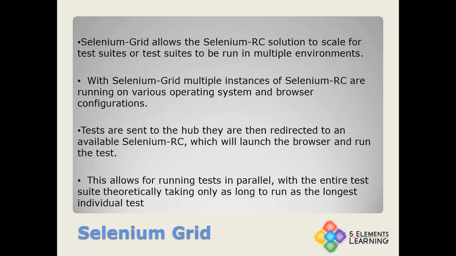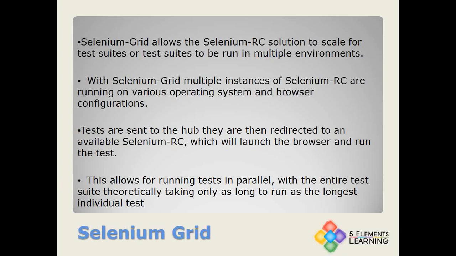Then we have got Selenium Grid. Selenium Grid is a component which underlyingly uses Selenium RC to establish what we call a hub and a node, and it allows us to run tests in parallel.